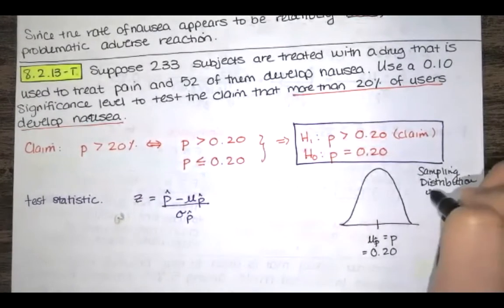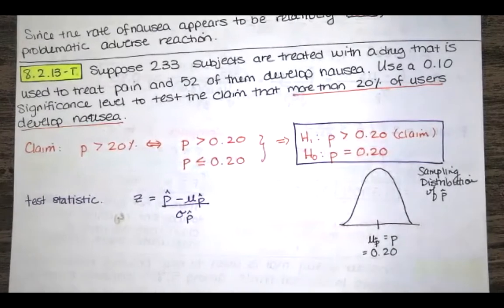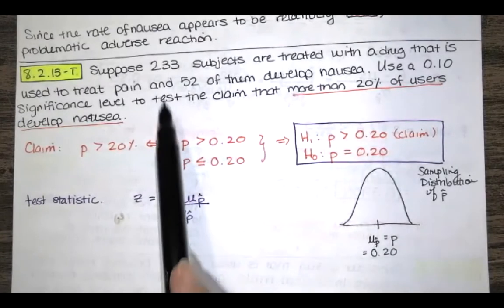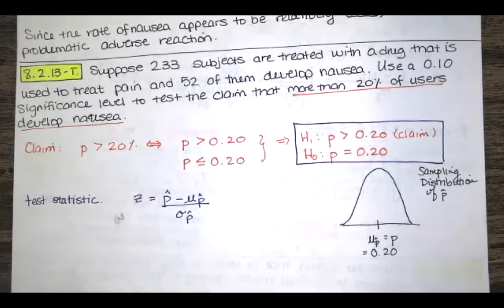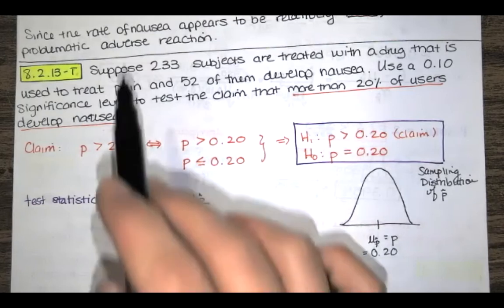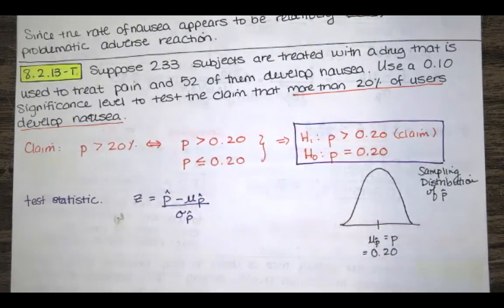If you're looking at a sampling distribution of p hat, basically what you're doing is you're imagining creating lots of samples of size 233. That's our n value there. And every time you find a sample of 233 randomly selected subjects, you compute a p hat, and you do that over and over again for different samples.